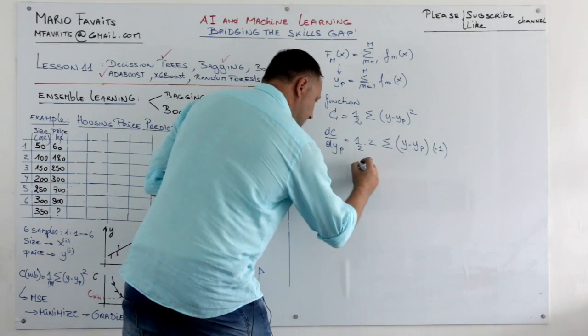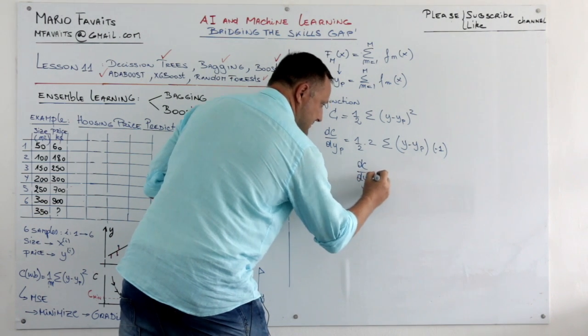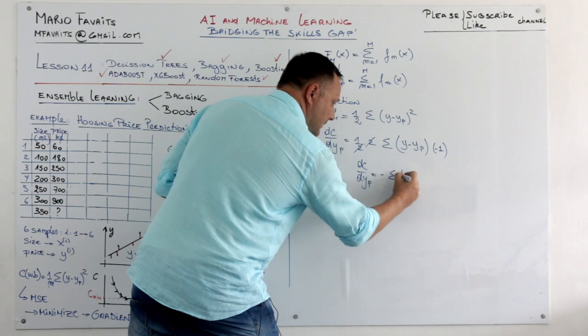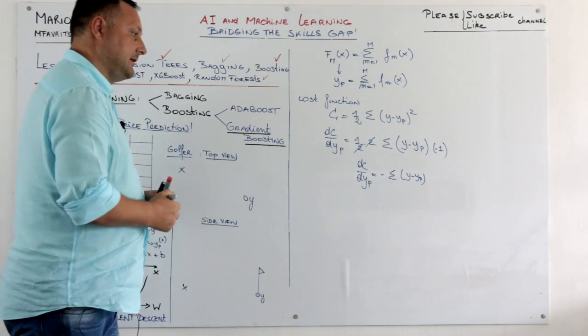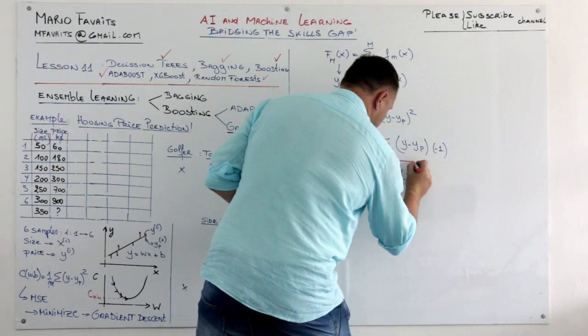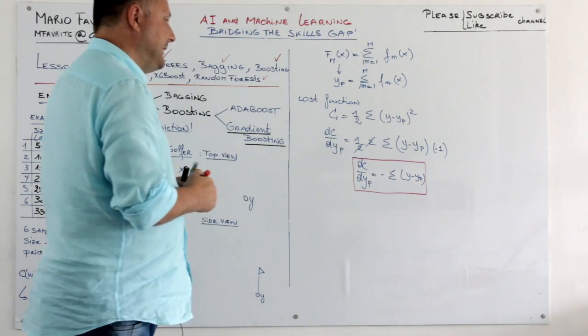So dC/dyp equals minus the sum of y minus yp. That is an important formula that we will be able to reuse later.